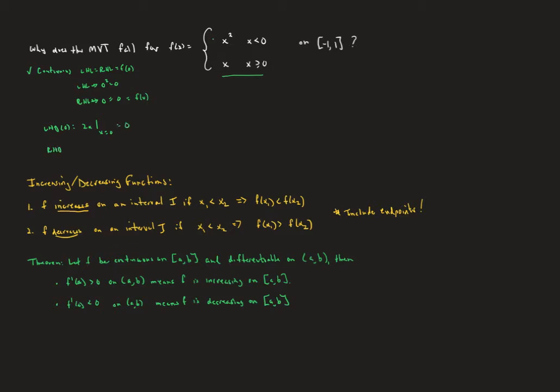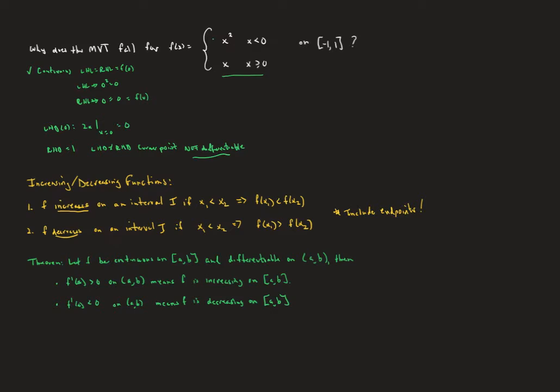But the right-hand derivative is 1 everywhere, and since the left-hand derivative is not equal to the right-hand derivative, what we really have is a corner point here at x equals 0, and that is not differentiable. And so we have not satisfied the conditions of the mean value theorem.